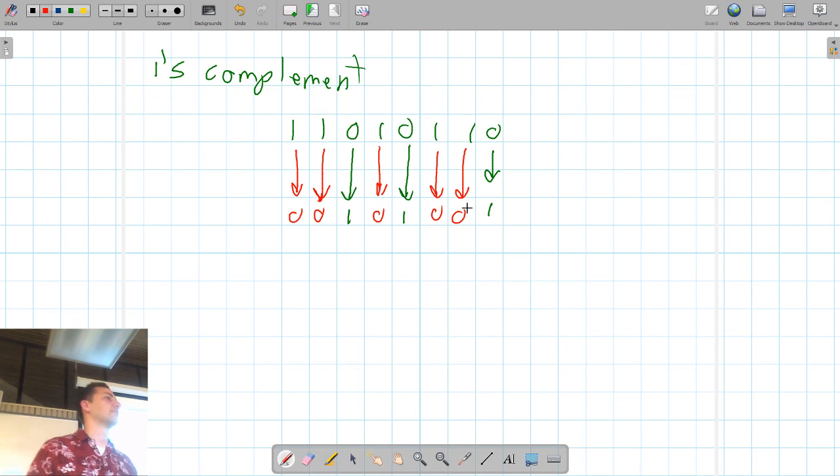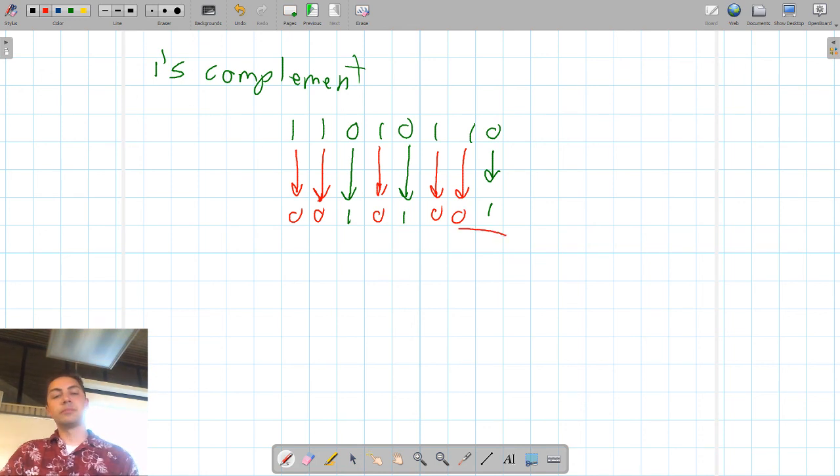That's it. You complement each number, meaning you invert each digit. So 11010110 becomes 00101001. It's inverted. And that's all there is to one's complement.